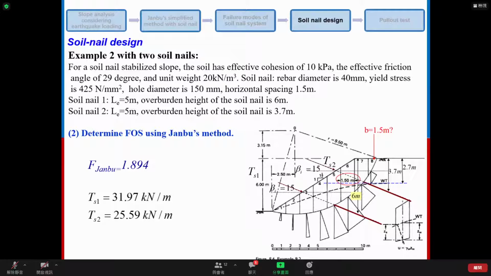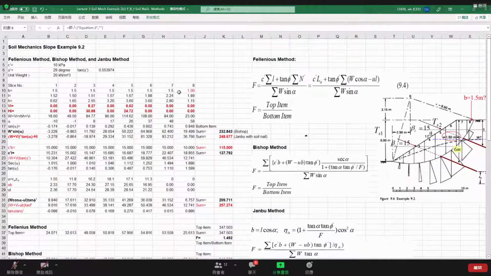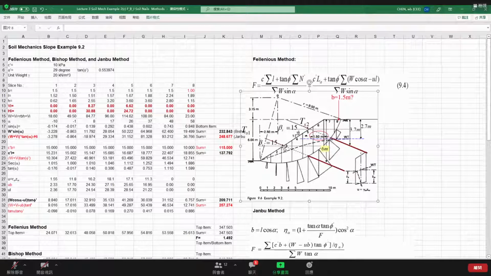Okay, then let's move to the Excel file to consider, when the soil nail is installed, how can we consider the FOS? I think you can see my Excel here, right? With the soil nail condition. If we install the soil nail in slice 3 and slice 5, we should have a new parameter called VI, HI.